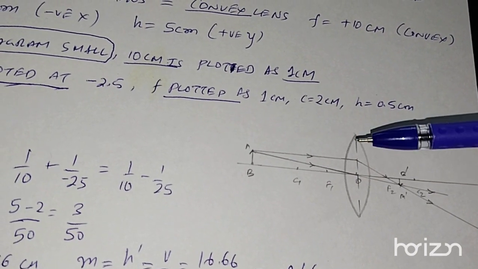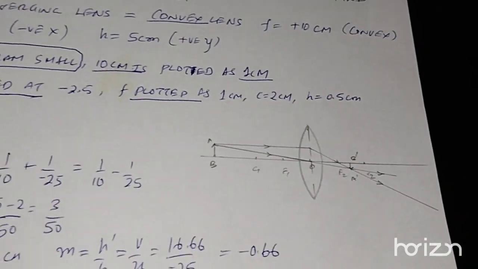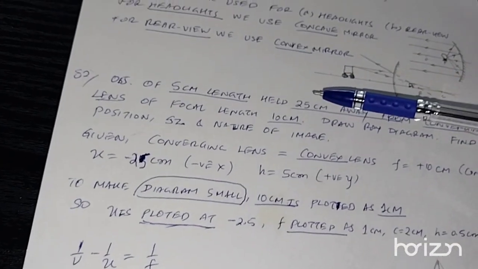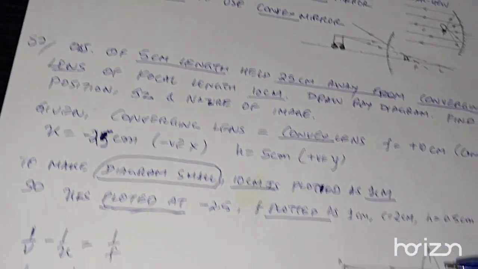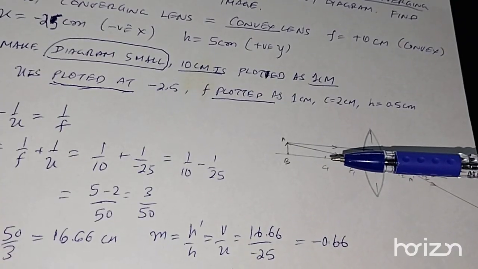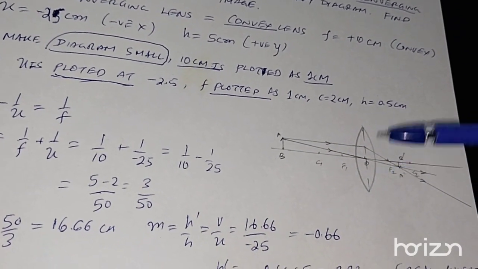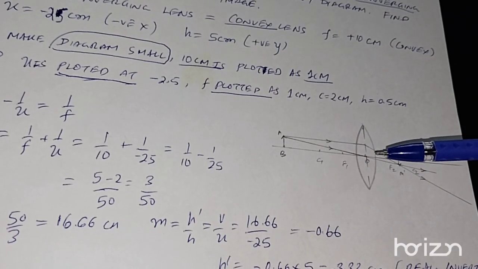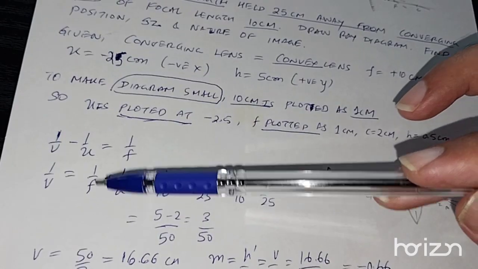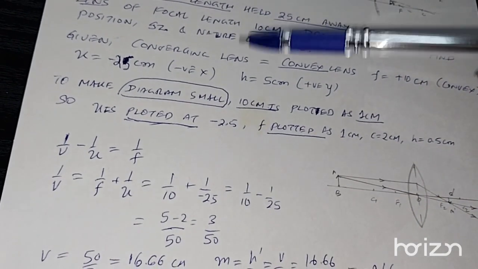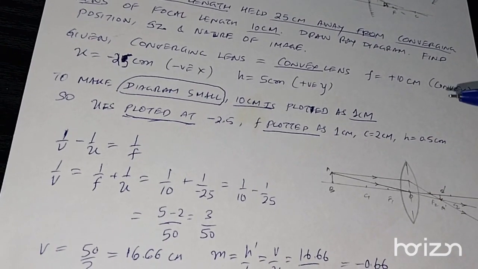Similarly, the object at 25 centimeter is drawn at 2.5 centimeter. So all distances are divided by 10 to make the diagram small. When you use the lens formula, you substitute the actual numbers; only for drawing do we use smaller numbers.